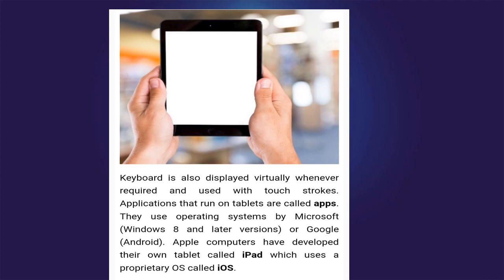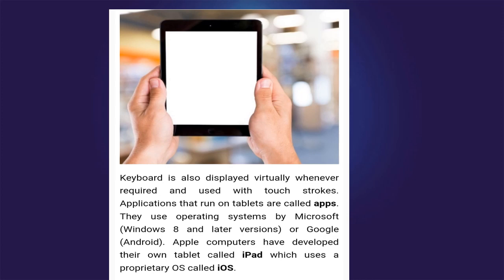Applications that run on tablets are called apps. They use operating systems by Microsoft, Windows 8 and later versions, or Google Android. Apple has developed its own tablet called iPad, which uses a proprietary OS called iOS.